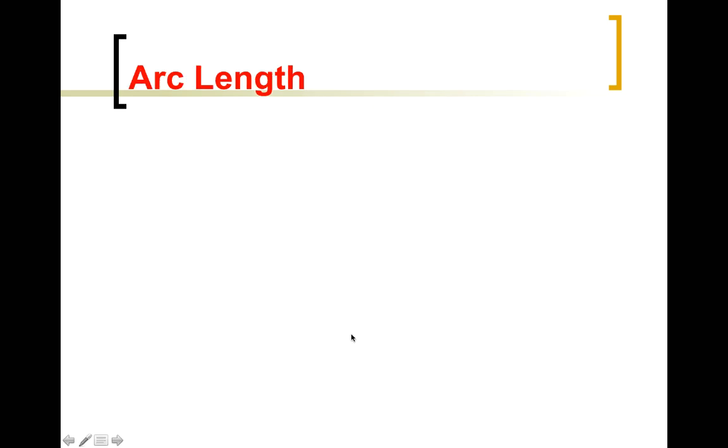All right, some of the things that we're going to be doing using this stuff is arc length. Arc length just means what is the length of the arc. Given some circle with a central angle theta, and theta is in radians because we're in radians, this length right here is what we call S, which is arc length.